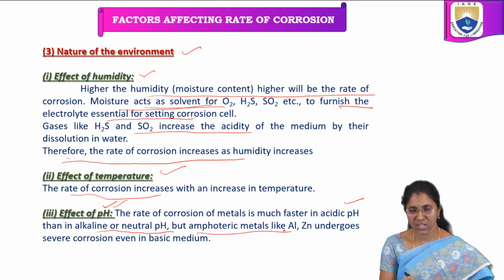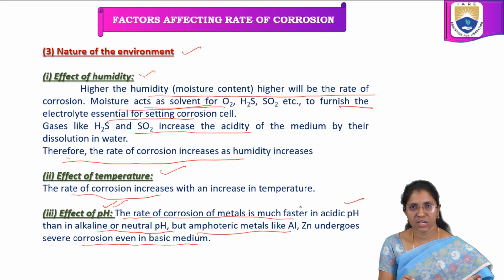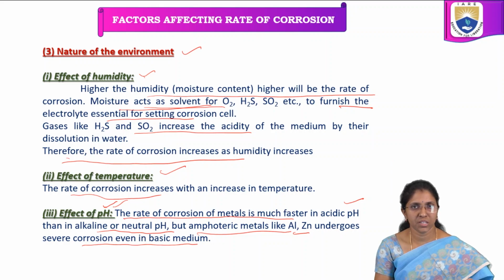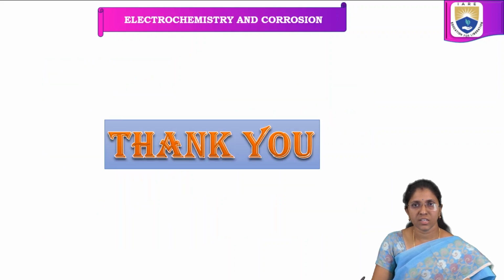Most metals corrode much faster in acidic pH than alkaline, but some metals like aluminum and zinc can undergo severe corrosion even in basic medium. So the rate of corrosion depends on pH. So these are the factors affecting the rate of corrosion.